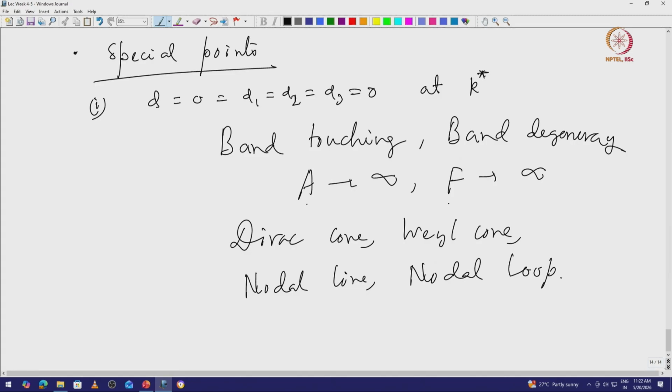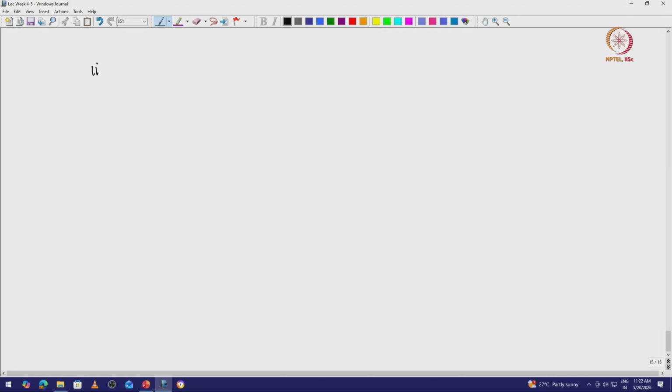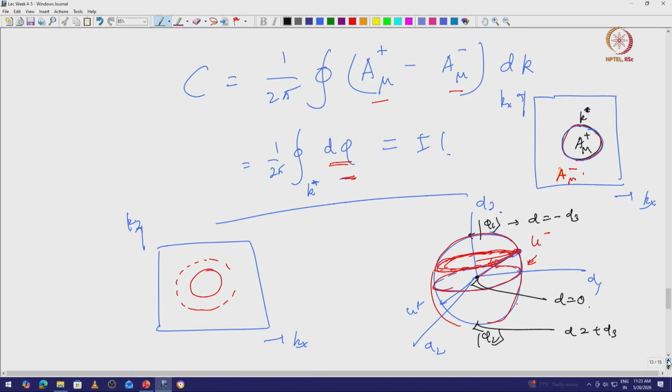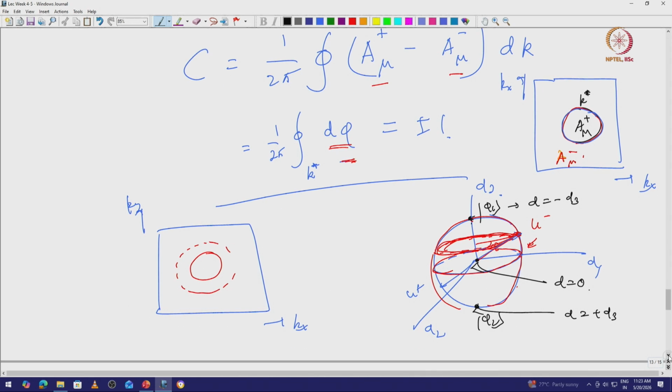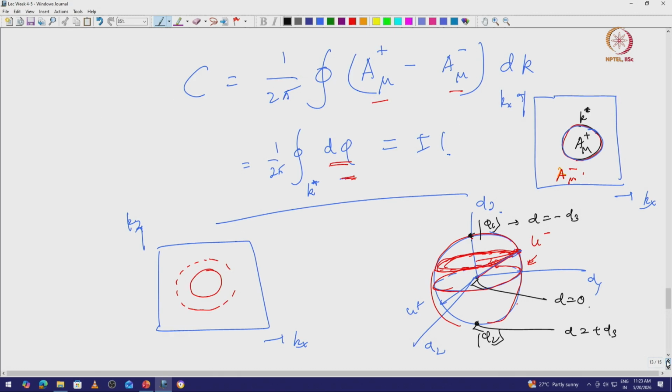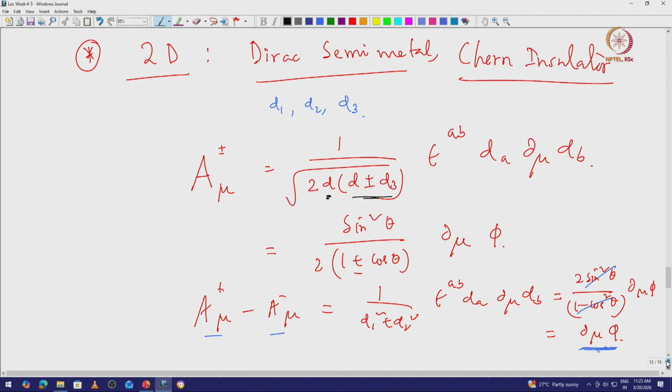The second case is d1 equal to d2 equal to 0, but d is not equal to 0, rather d is equal to plus minus T3, this point and this point, where the connection vanishes, one of the connections vanishes, the other one does not, but the difference is well defined.